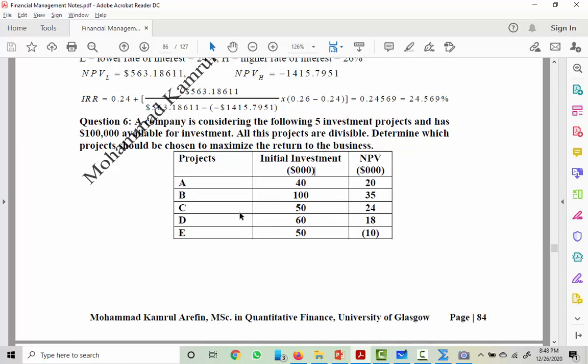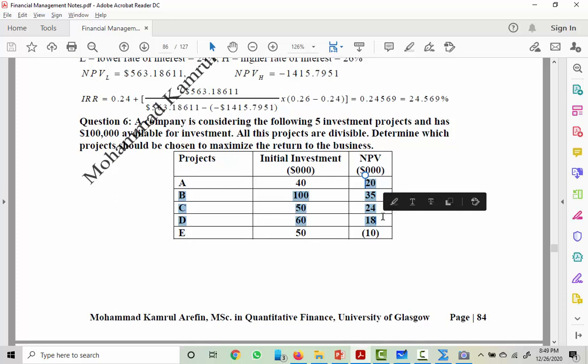So project A will need $40,000 initial investment, and it will give us $20,000 NPV. Project B will need $100,000 investment. It will give $35,000 NPV. As we can see, all these NPVs are positive.